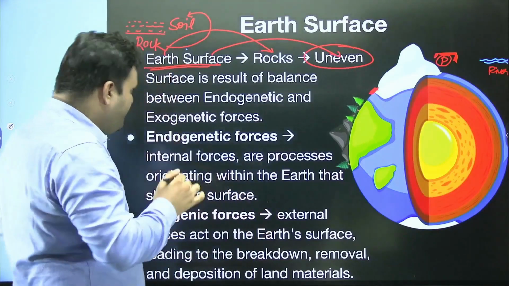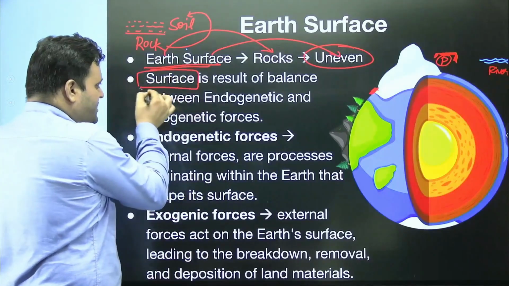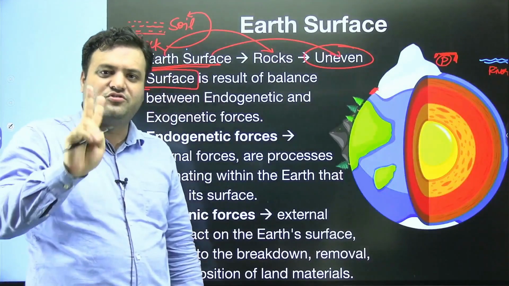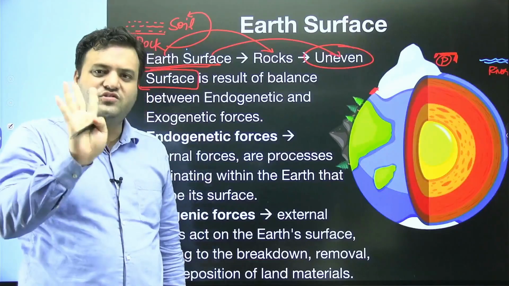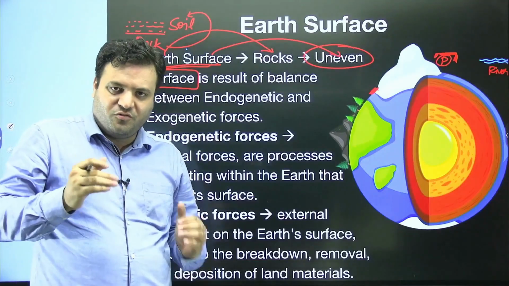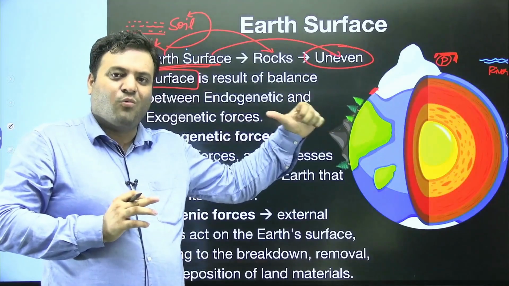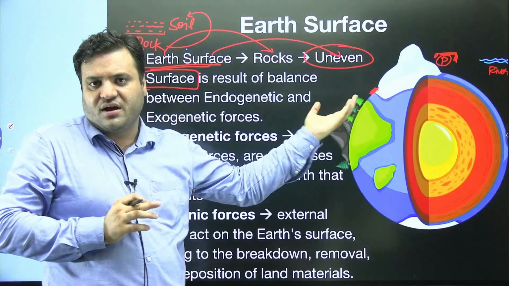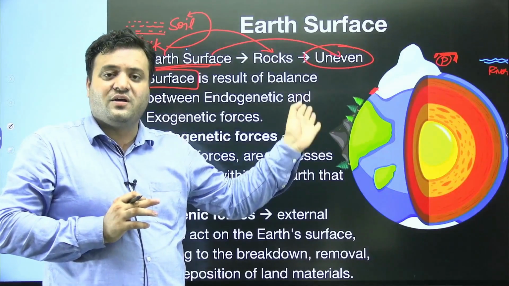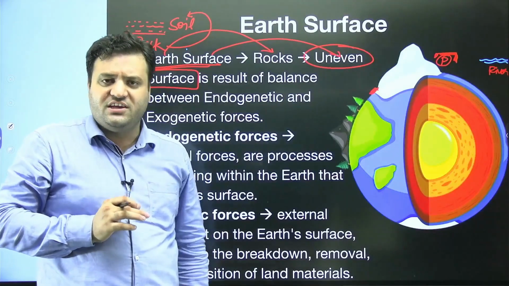The surface is the result of a balance between two sets of forces. Those forces are interacting with the earth, and whatever result we see in terms of our earth surface is because of the interplay between these two sets of forces.